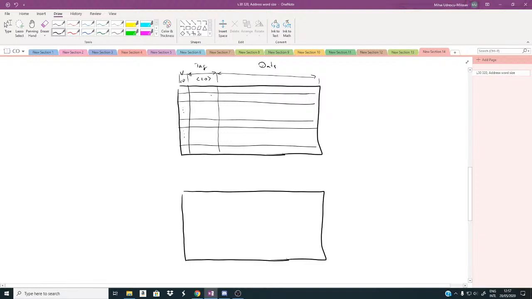That's 2 to the power 5 bytes, so it's 32 bytes. But in terms of bits, 2 to the power 5 times 2 to the power 3, that's 2 to the power 8 bits, and this means 256 bits. Now, I have indexes from 0 to 127, because it's from 0 to 2 to the power 7 minus 1, and so on, right?